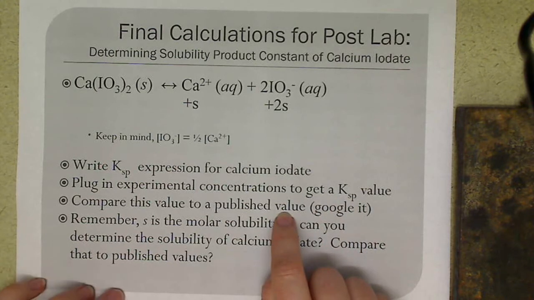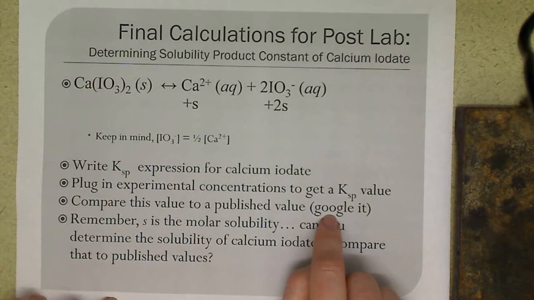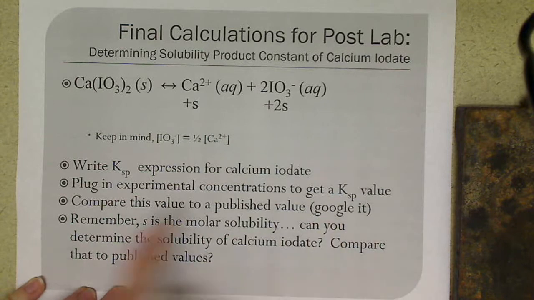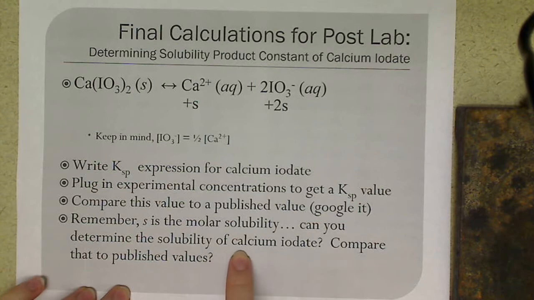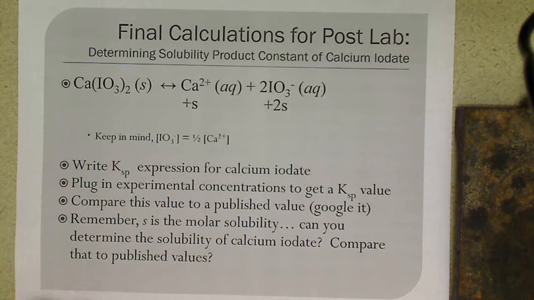Then compare this to your published value. Google it, see what the internet says, or use whatever search engine your heart desires. Then we'll also do calculations. s is the molar solubility, so you'll want to also calculate just the solubility of calcium iodate. Maybe check your notes if you can't remember the difference between those two. And then also compare this solubility to published values. Again, look them up on the internet.